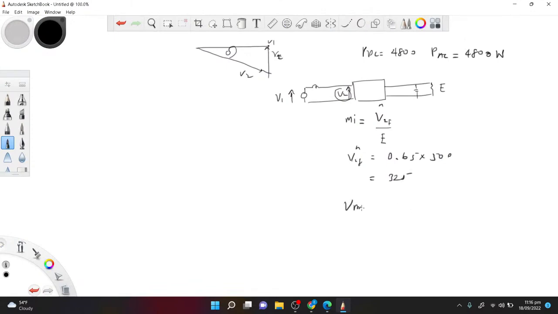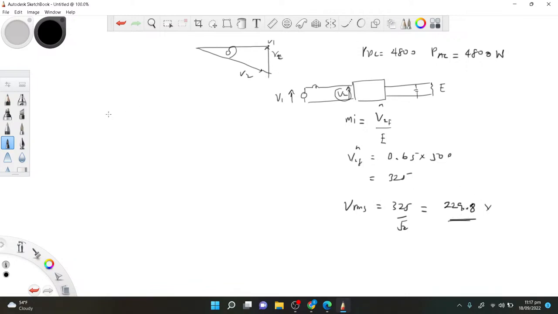So let's find the RMS: 325 over root 2 gives 229.8. So at this new modulation index, this is the new V2 being produced.